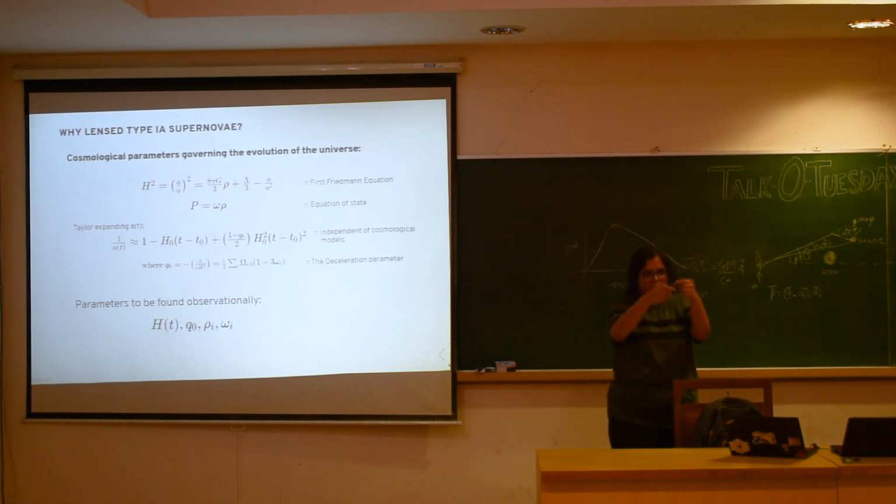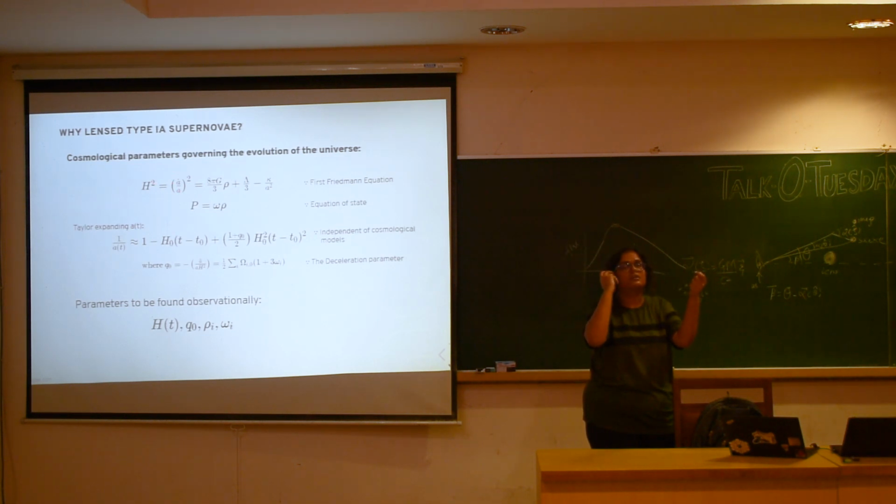A is the scale factor, which captures the rate of expansion. Basically, take these two points, and we say that the universe is expanding. At time t equal to t0, the distance between these two points is x, and at time t equal to t1, the distance becomes something x1, for example.